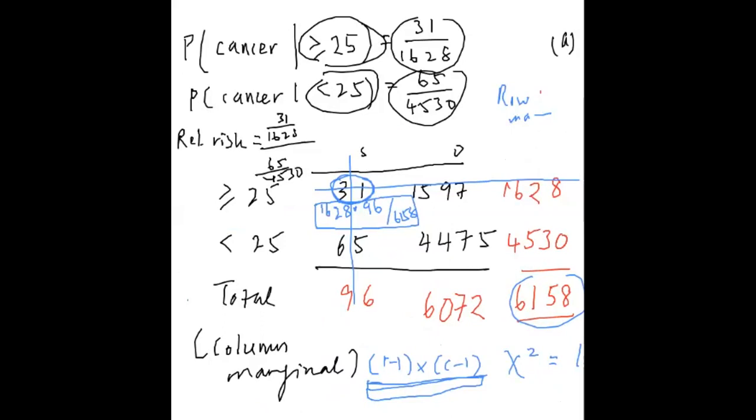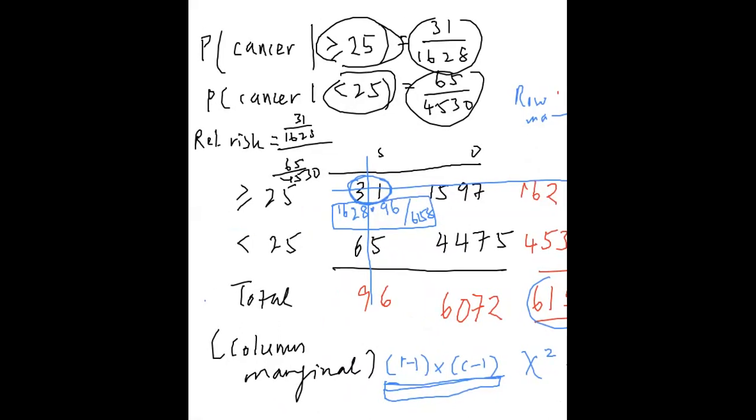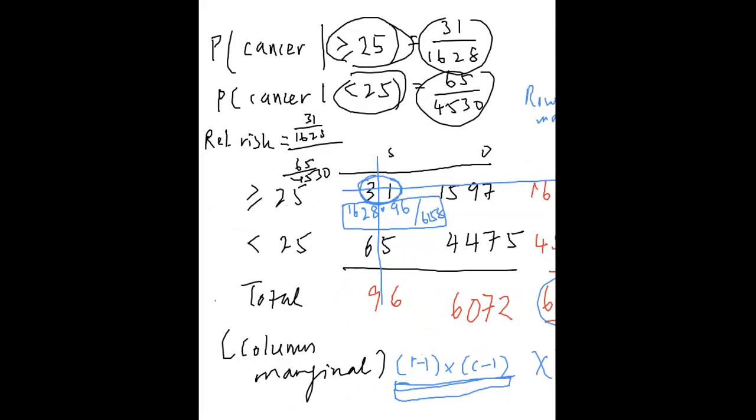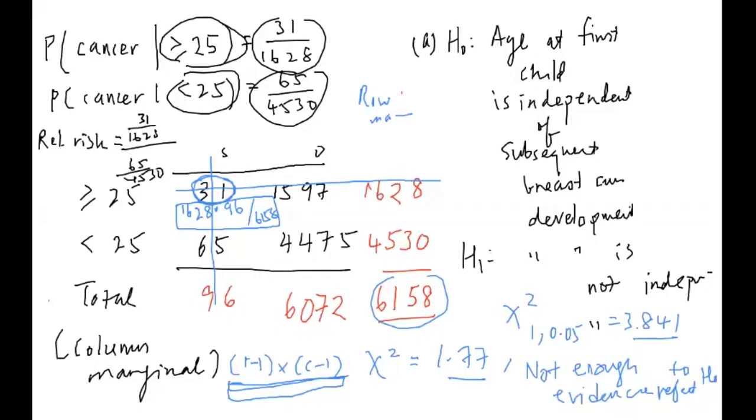And this will give you something like 1.33. Let me see, this will be 0.19, 0.14, okay? So this is about 1.36.